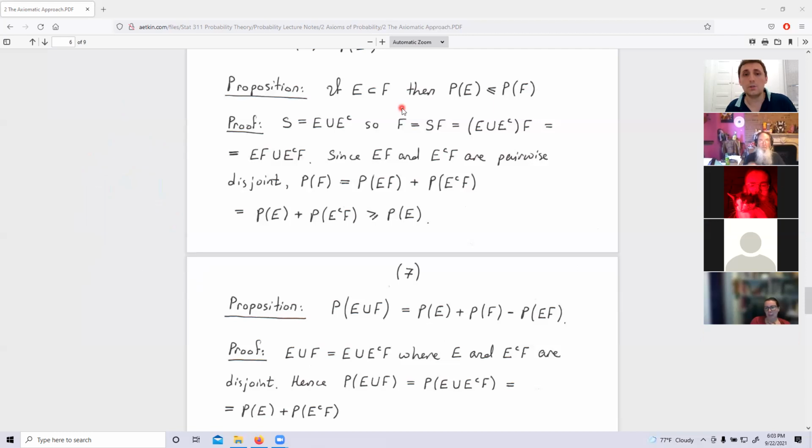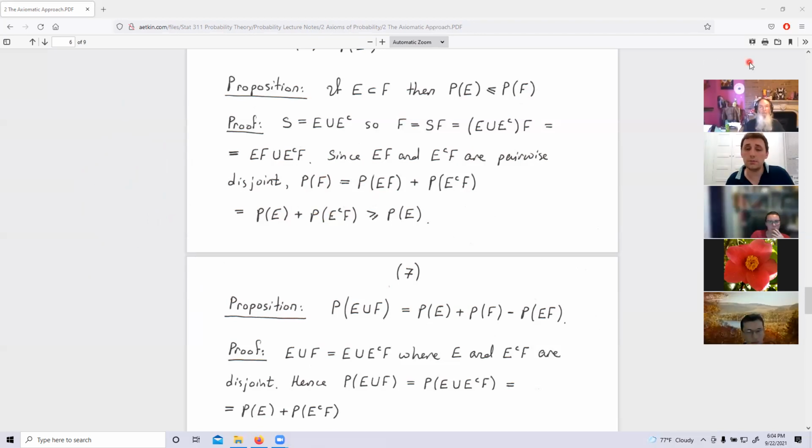So I can again use that modified axiom 3 in calculating the probability of F as the probability of E plus the probability of E complement F. I do not know what this probability is, but by axiom number 1, this number is at least 0 or more, right? So that means F minus E, you can use that notation if you prefer.